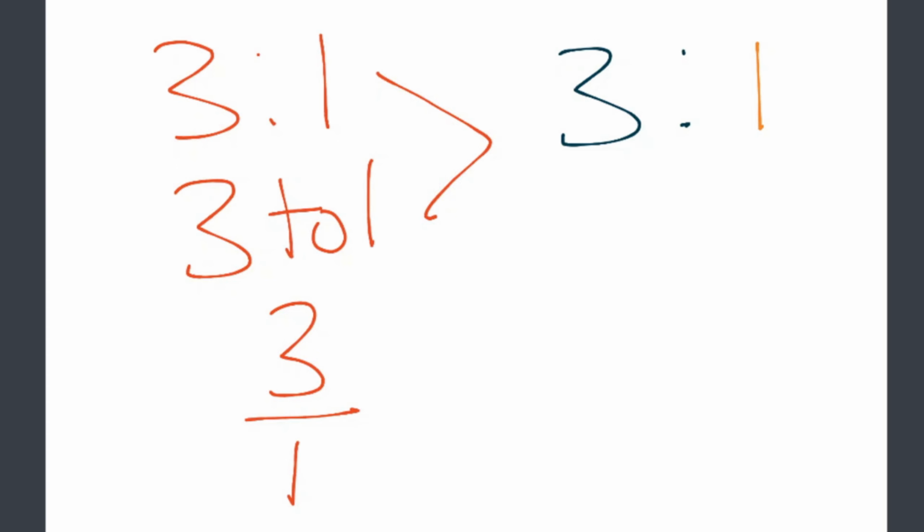But if the question were to ask what was the ratio from oranges to blueberries, we would write it as 1 to 3, assuming we have 3 blueberries and 1 orange.